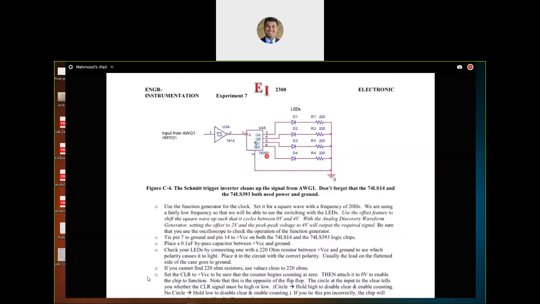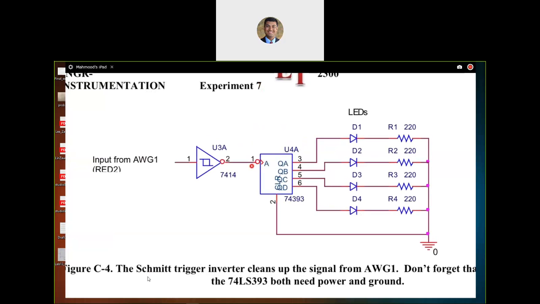We are going to use the 74393 chip to do this 4-bit counting exercise, and it turns out that it is actually a negative edge triggered 4-bit counter because of the bubble. And to convert this into a positive edge triggered counter, we simply use a NOT gate in front of it.